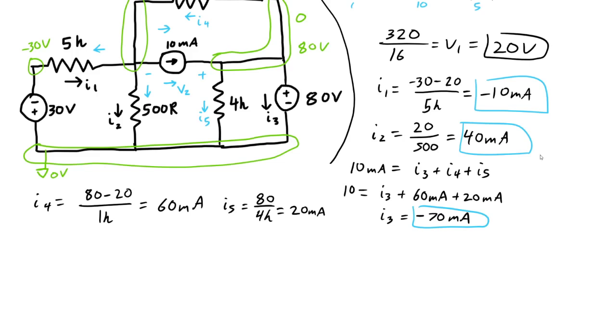And V2 is going to be 80 minus 20, which is our V1, so 60 volts. And using that, we can calculate the power supplied by that current source. So 10 milliamps times the 60 volt compliance voltage is going to be 600 milliwatts, so 0.6 watts.